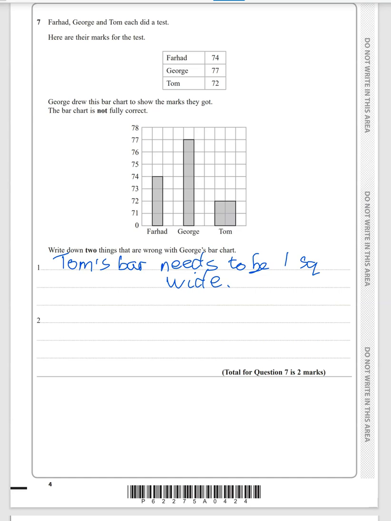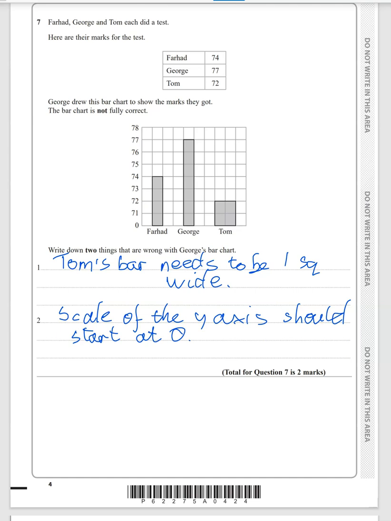So the scale on the y-axis, that should start at 70. It's fine to start at 70, but not 0, and we need some labels on there as well. So any of those answers would be absolutely fine. Right, so that's number 7 done.